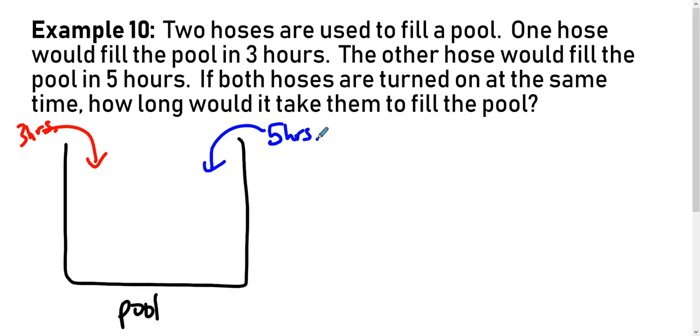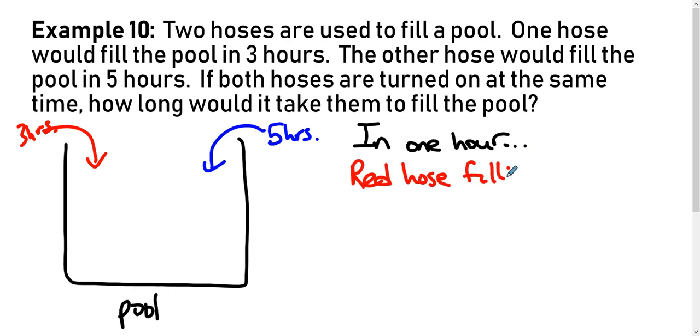What I'd like to do is I'd like to consider what happens in 1 hour. Because I don't know about the hoses just generally, but I know about what the hoses will do in 1 hour. In 1 hour, the red hose fills 1/3 of the pool.